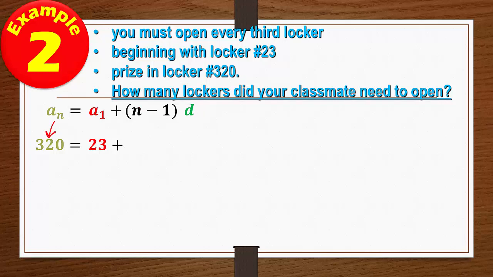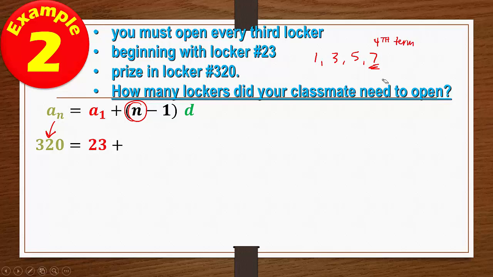We know the common difference. What we're trying to solve for now is this, because we don't know which locker, which number in the sequence that was. We know that the value of the term was 320. Now we need to find out which number in the sequence it was. Like if I had 1, 3, 5, 7, while the value of this is 7, this is the fourth term in this sequence.